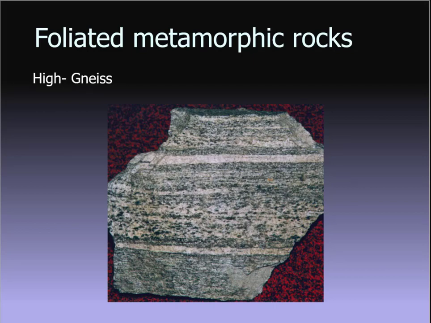When you go into the Appalachian Mountains today, you are seeing the ground down nubs of a formerly much taller mountain range. You really are. And the reason we know that is because the rocks that we find on the surface of the Appalachians are normally the rocks that are very, very deep in mountain ranges, like gneisses and high grade schists.